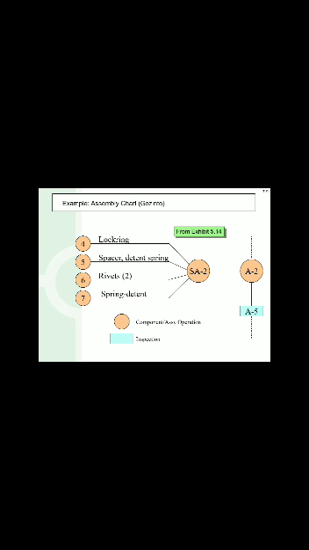Now try to understand this assembly chart given here. Lock ring, spacer, detent spring, rivets, spring detent. Whatever is given in the circle is basically the component or assembly operations, and at A5 we are doing the inspection. So some operation is going on, and after A2 there is a point A5 where we do inspection.